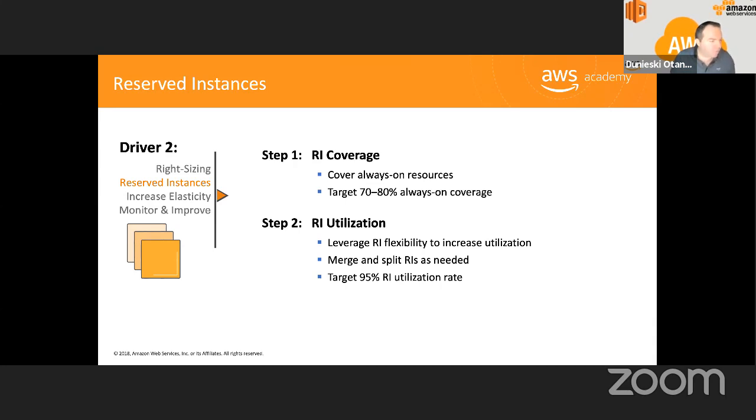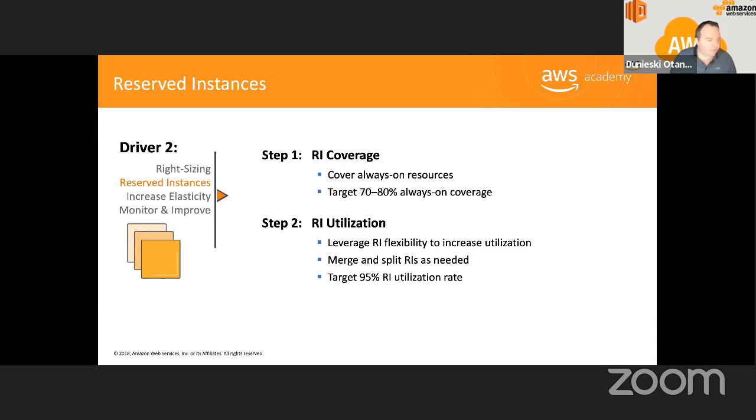Now, increasing reserved instance utilization: for known architectures, use standard reserved instances. For flexibility to increase utilization with growing or changing architectures, leverage convertible reserved instances. What is a convertible? It's an instance that, within that commitment of 1 or 3 years, you can convert to a different instance type or change anything that you want in your instances.